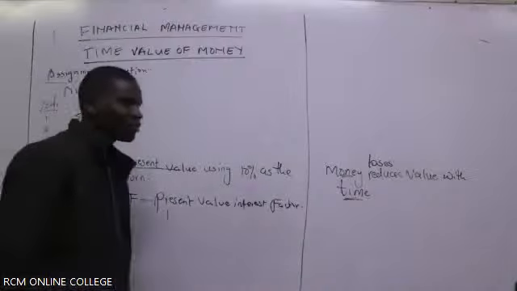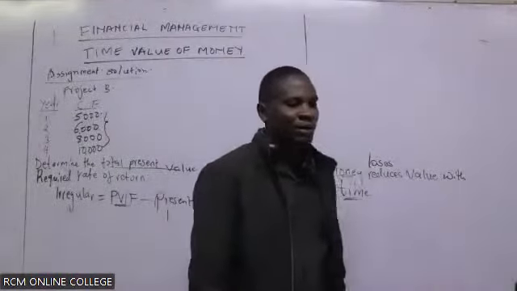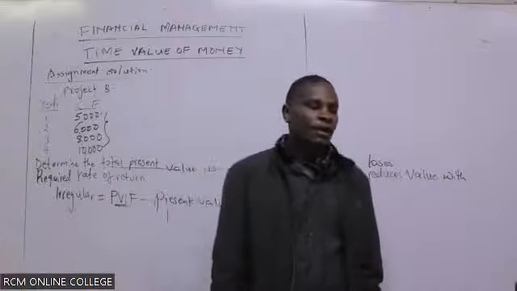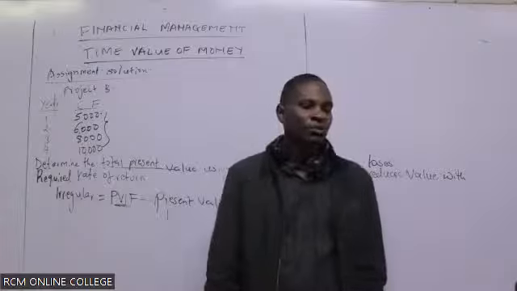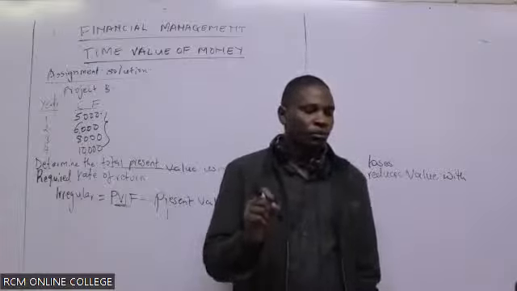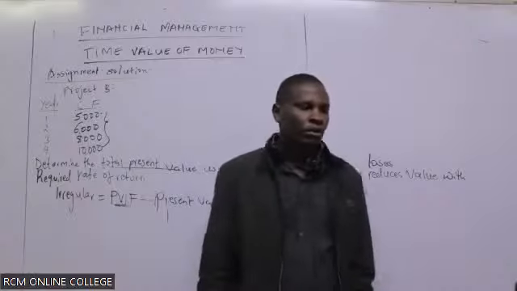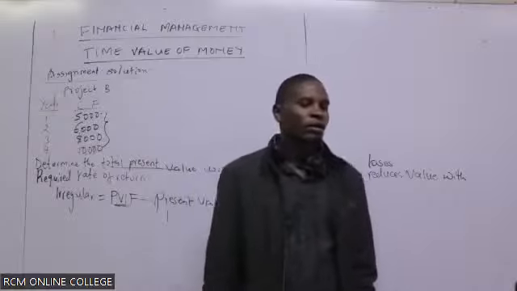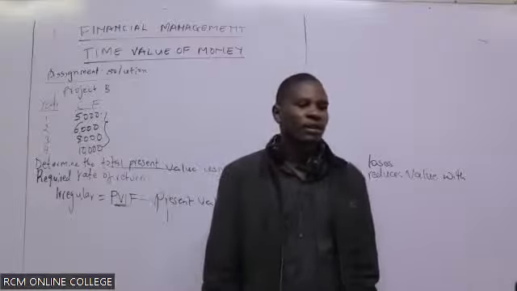Somebody to remind me the formula. What is the formula of PVIF? How do you get PVIF? Somebody, very fast. We're using a laptop. Shift 6 means raised to power. What is the formula of PVIF?